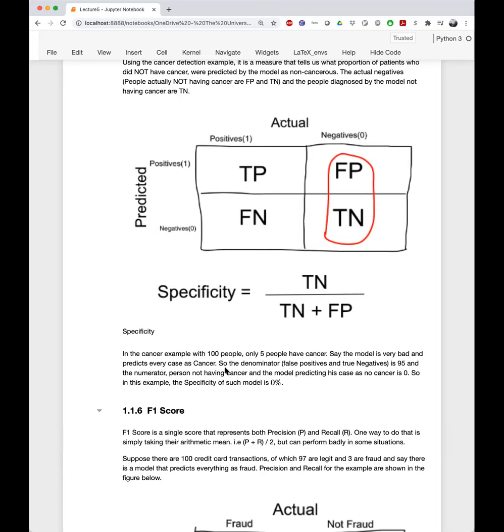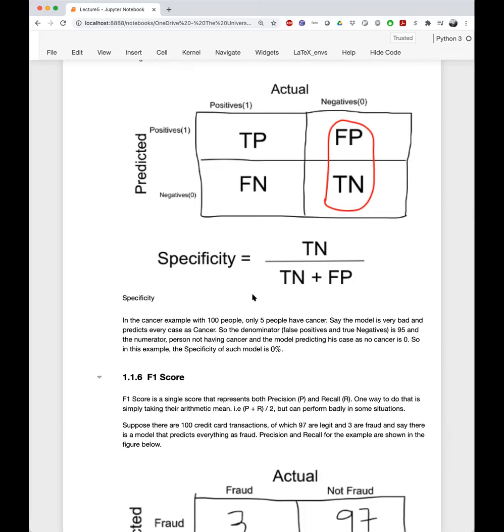True negative is 0 because the model predicts no cases as negative. So both true negative and false negative are 0. So it's 0 over 95. In this case, you get 0%. We'll not use specificity directly, but later you will see we use it for the ROC curve, but we use 1 minus specificity.